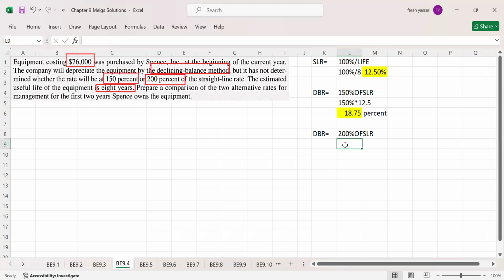And in case of 200%, we multiply 200% by 12.5, which is 25%.